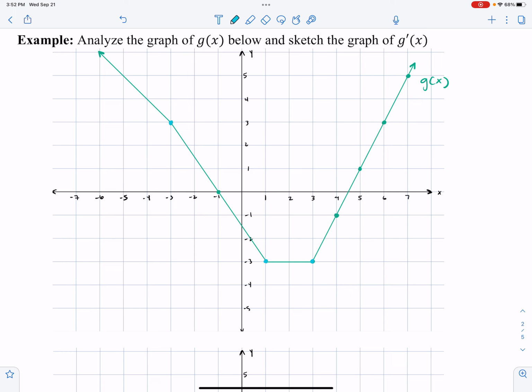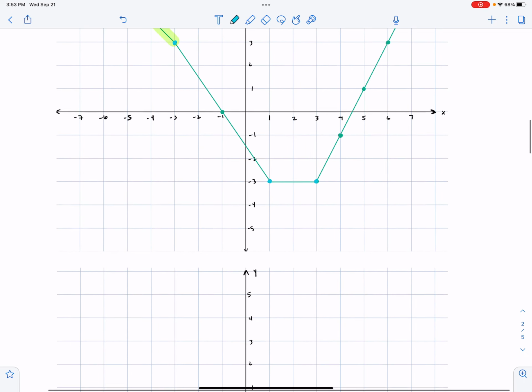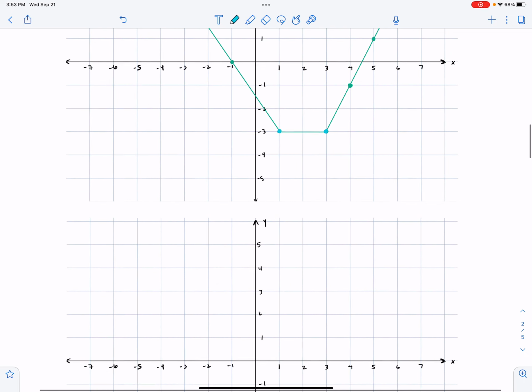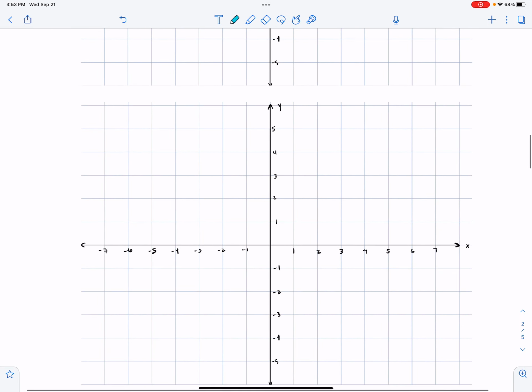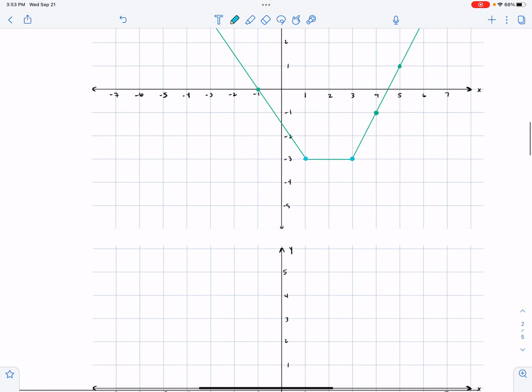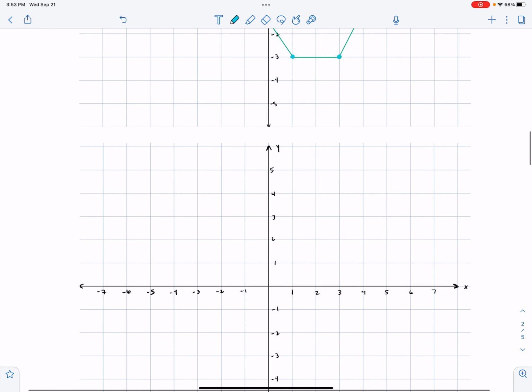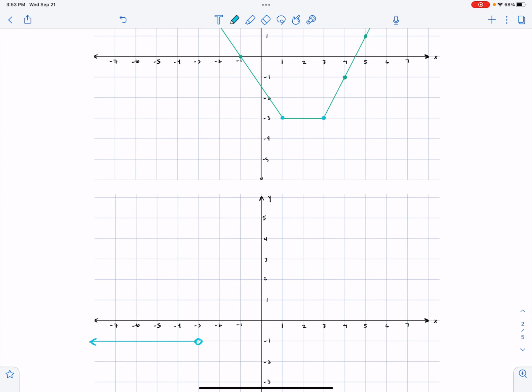That's just examining the slope of this line. So that means that f prime from -infinity to -3 would be equal to -1. Right? Up to -3 would be equal to -1. Or g prime, sorry, this is g prime.